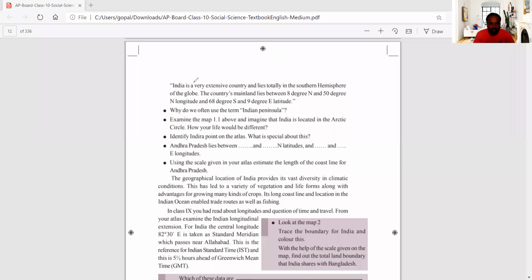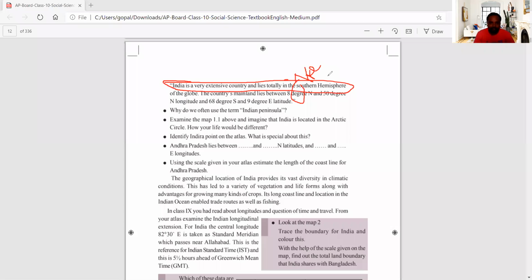India is a very extensive country which lies totally in the northern hemisphere. Of course, the southern hemisphere is there. This is the southern hemisphere, this is not the southern hemisphere, this is the northern hemisphere. So here in the book, a printing mistake is there. Just leave that.